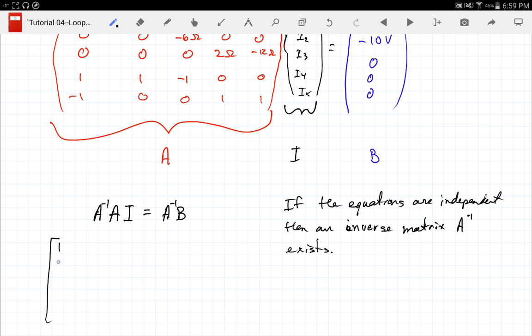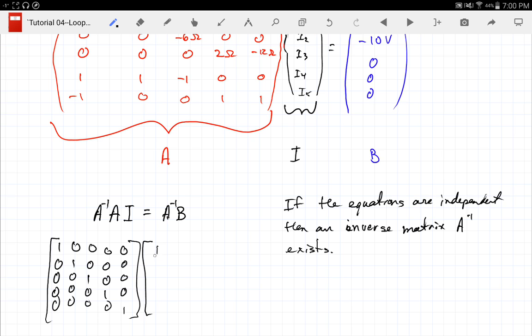For a 5 by 5, all diagonal elements are 1, all the rest are 0. If you multiply that through, that's just going to be equal to I1, I2, I3, I4, I5.